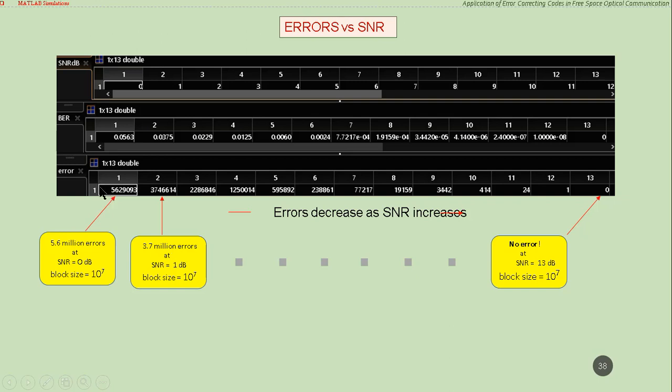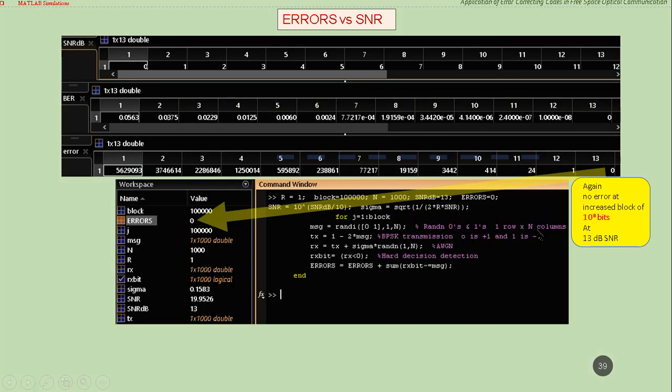Now again, studying the SNR, when the SNR is very low at this block size, these many errors happen, but when SNR is increased at this block size, no error is reported. So let us increase the block size and see if we can get an error at 13 dB also.